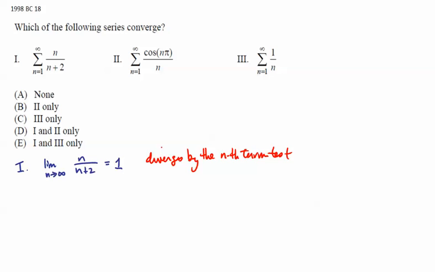And the nth term test is what we're going to use as our primary first line of defense, you can say, to test whether or not a series will converge.